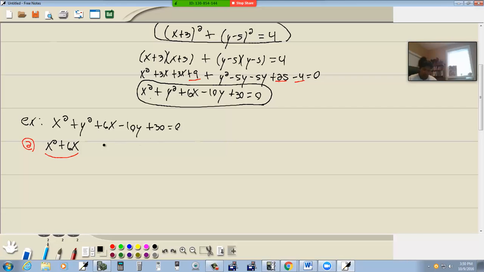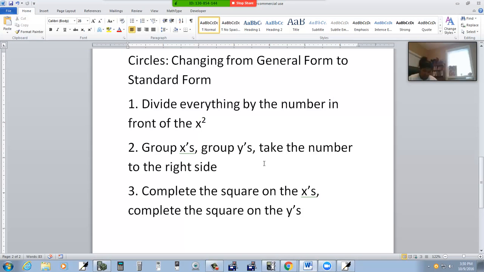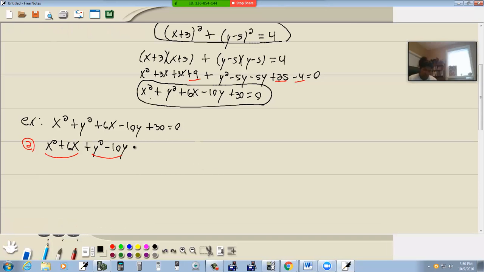Group the y's. So I'm going to put the y squared and the negative 10y together. And take the number to the right side. So I take 30 over, and it becomes a negative 30.